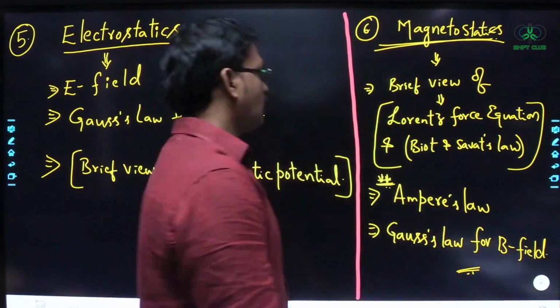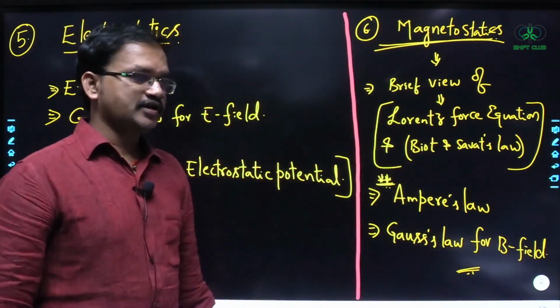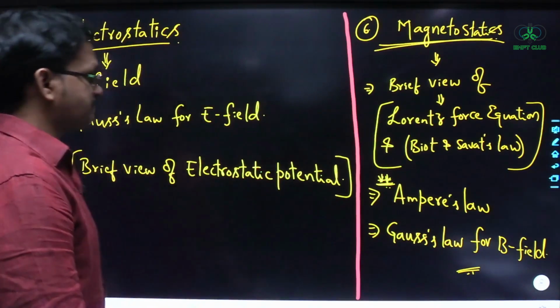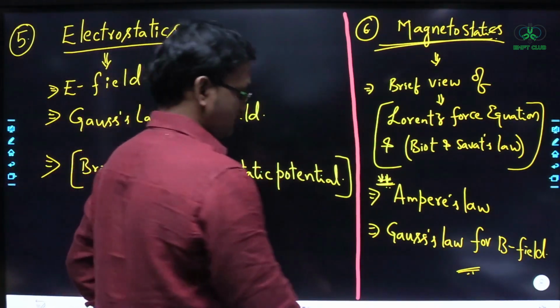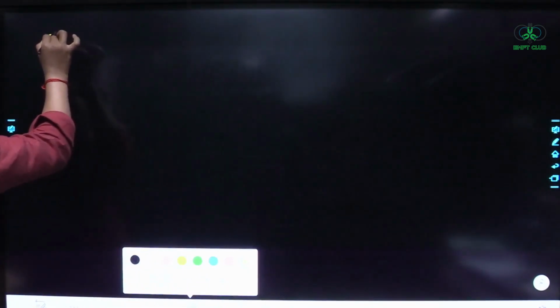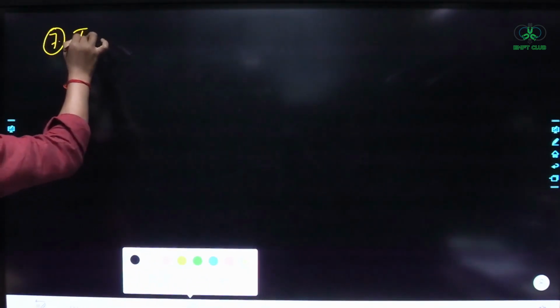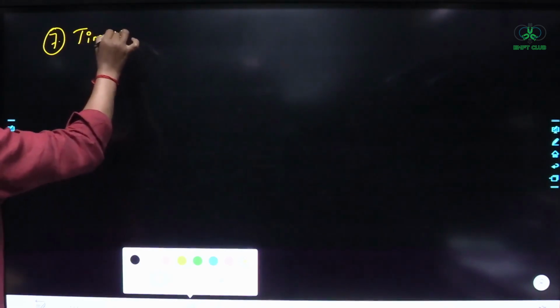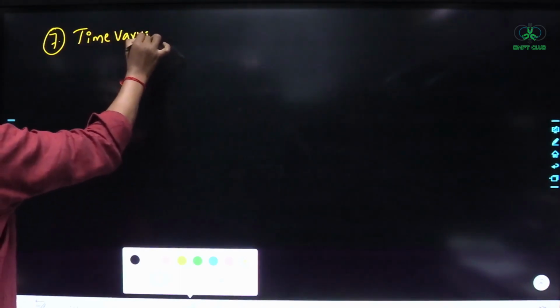With this we complete the magnetostatics part. After this, the 7th topic is time varying fields, so we will enter into time varying fields.